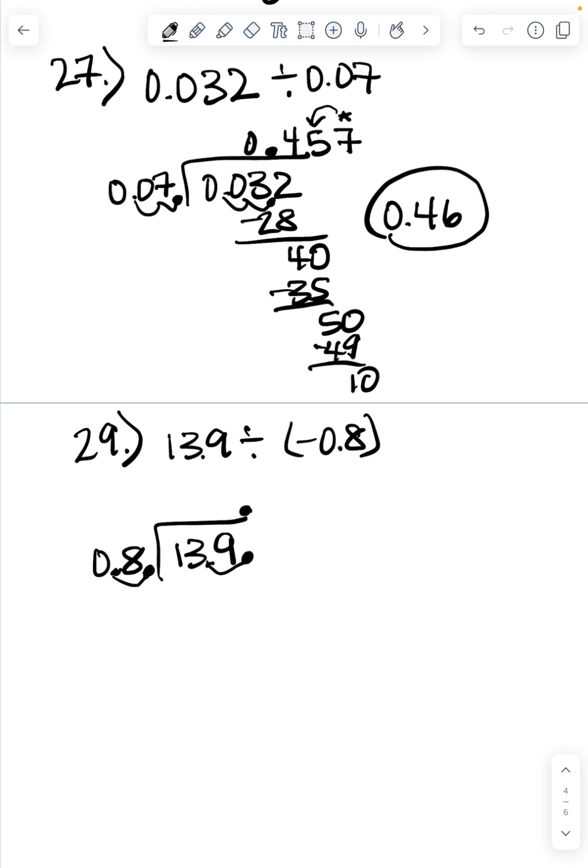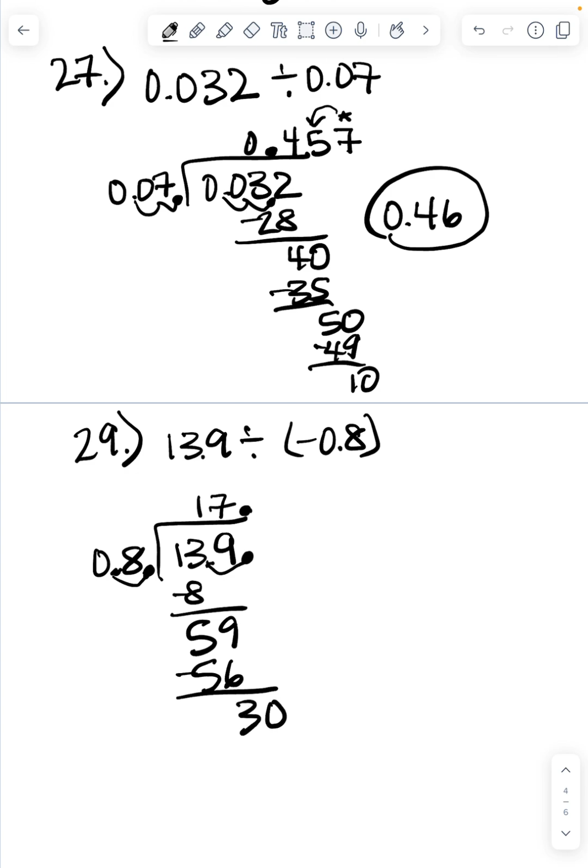Okay, so 8 goes into 13 one time. Bring down a 9. 8 goes into 59 7 times and gets us 56.